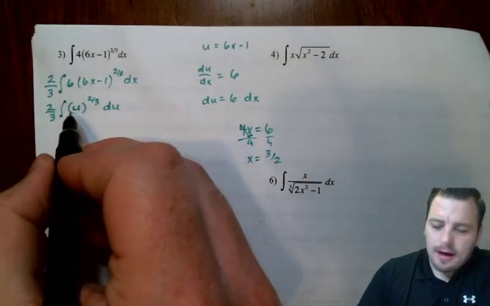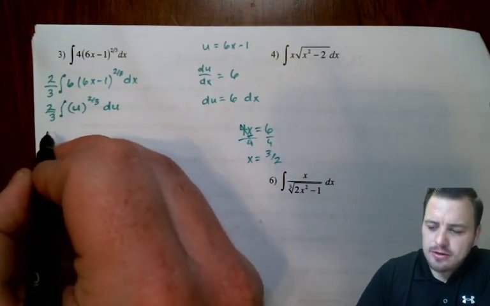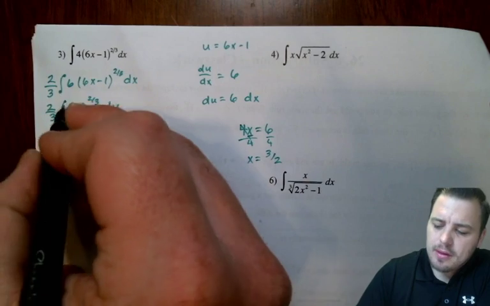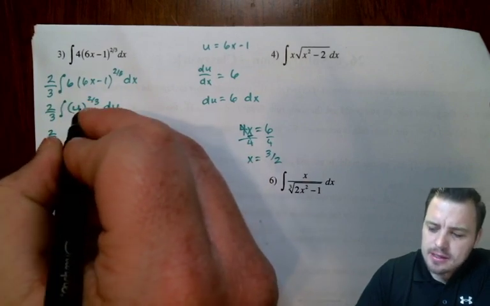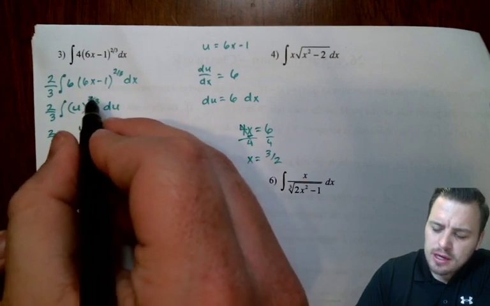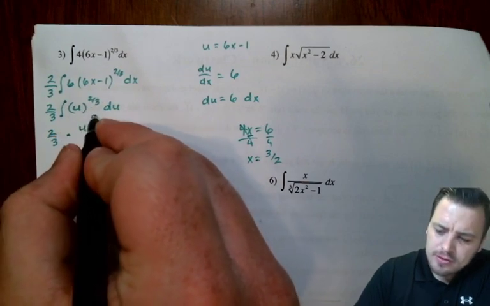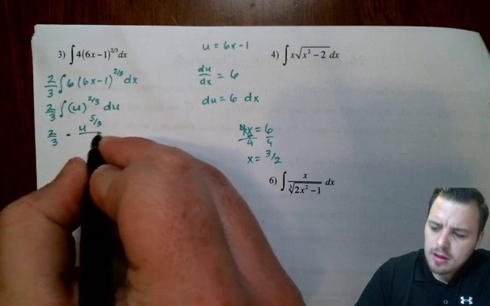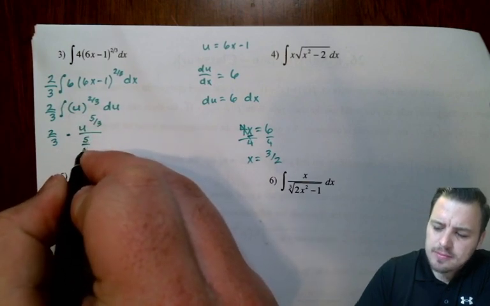From there, I'm ready to integrate here. So 2 over 3, and then times, that would be u to the 5/3 over 5/3.